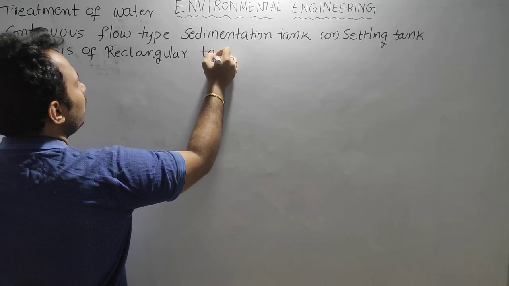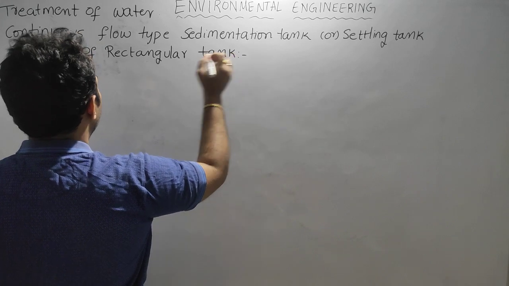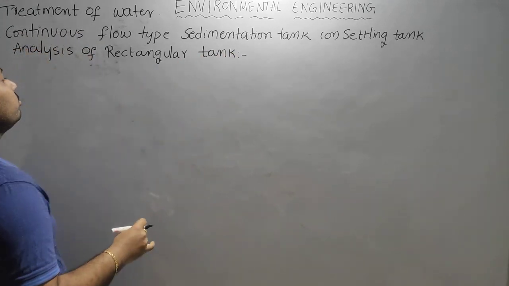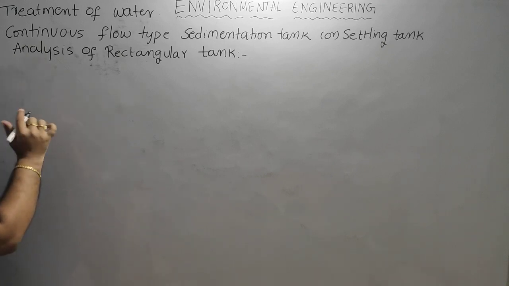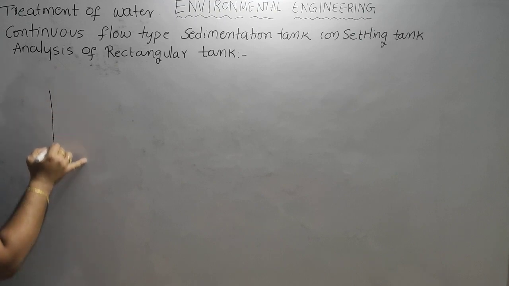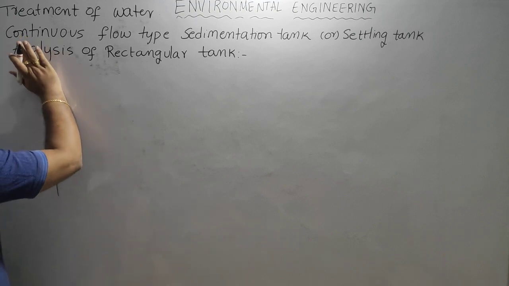Already we are in continuous flow, so I have no need to explain it again. Analysis of a rectangular tank which is having continuous flow. See here, let us take a tank.